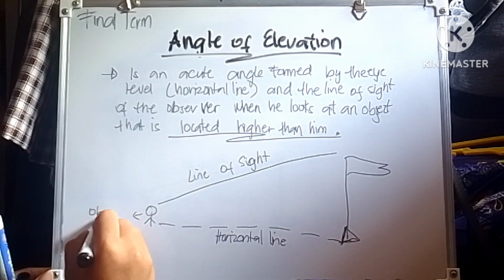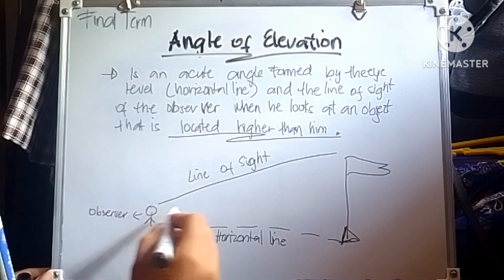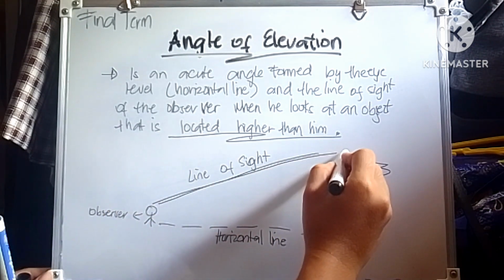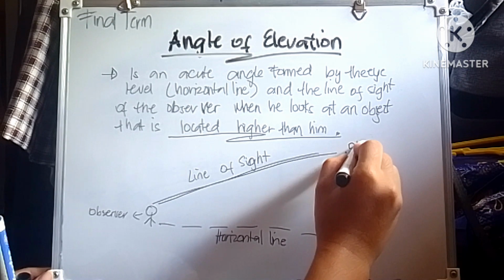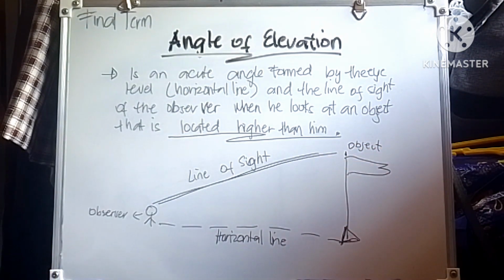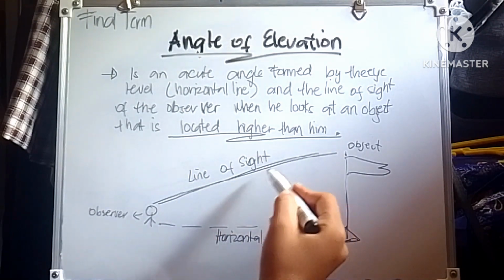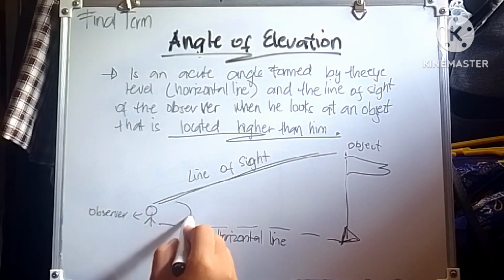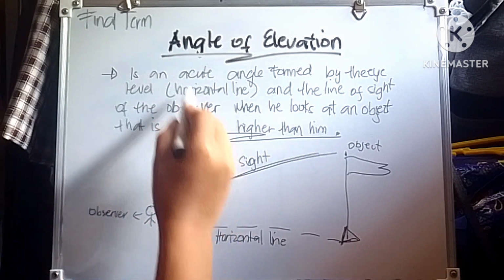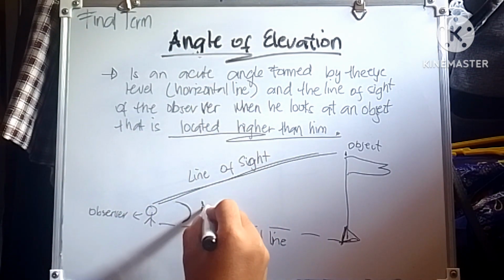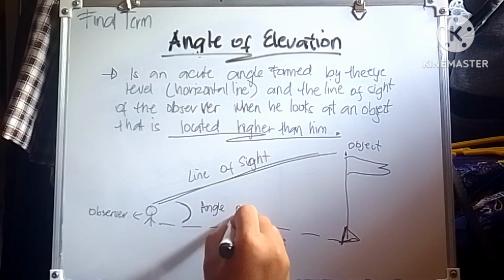So this is the observer, and in this line of sight they sight the object, and between the horizontal line and the line of sight we form an angle of elevation.